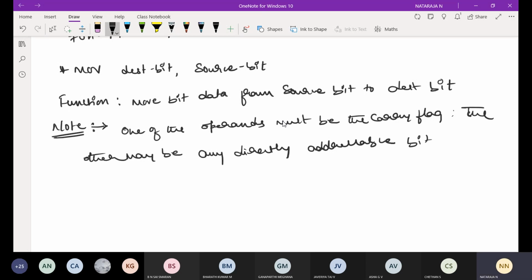Here, most of the time, we are going to affect the carry flag. Flags affected here: carry flag. Make a note of this.